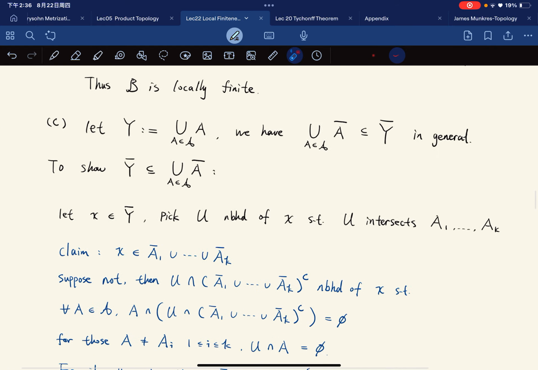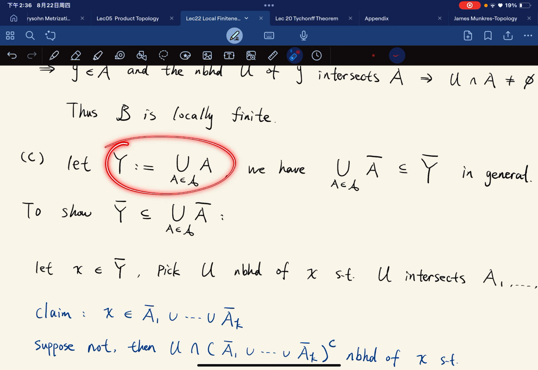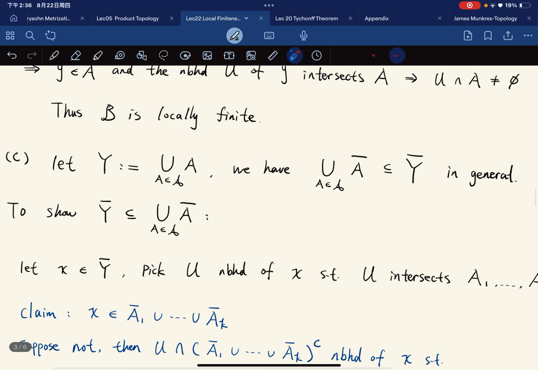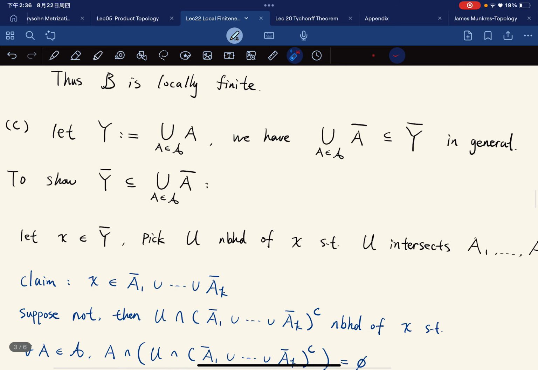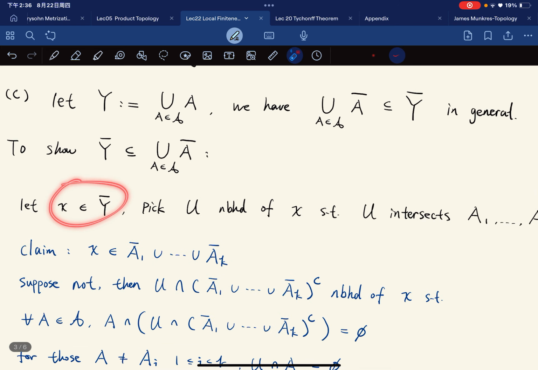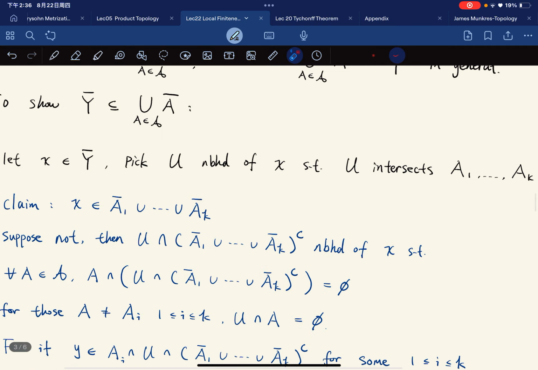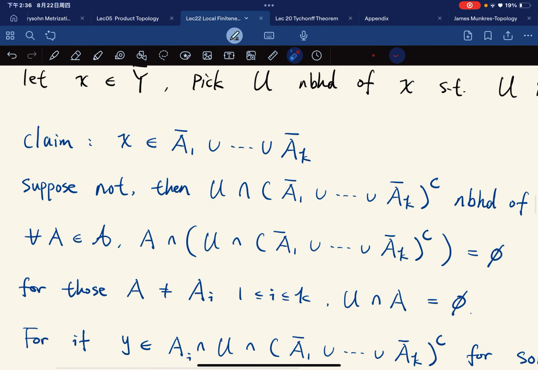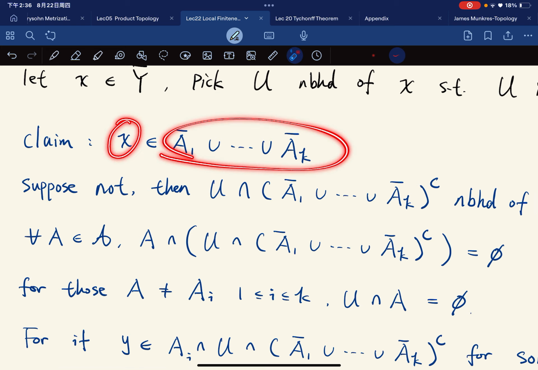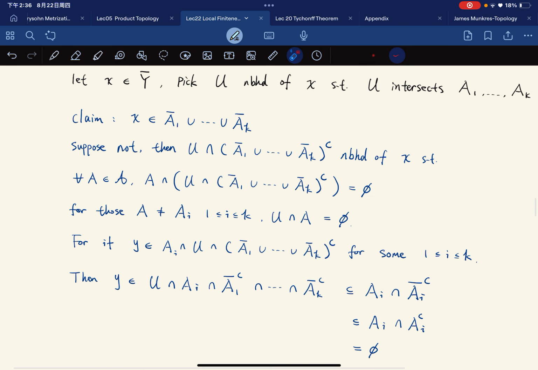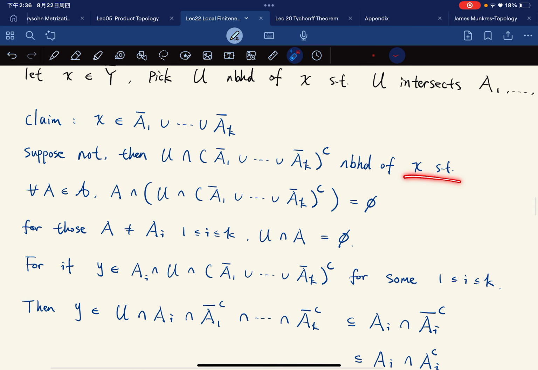And for part C, let Y be the union for convenience. One inclusion is true in general, so we want to show the reverse. We pick x in the closure of Y, and we pick a neighborhood that intersects only finitely many of the A's, say A_1 through A_k. Now we make a claim that x is in the closure of one of them. Suppose not. Then there is a neighborhood of x that is disjoint from every element of A. Why?